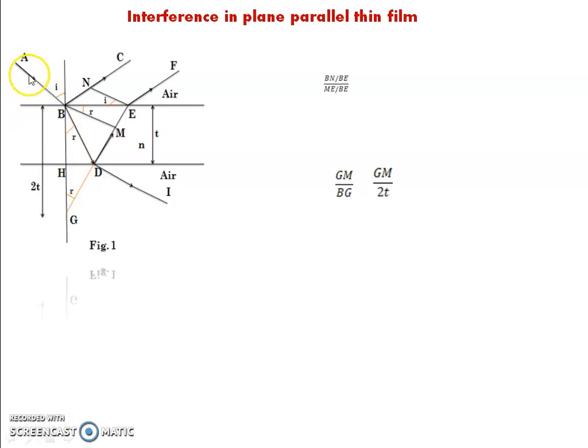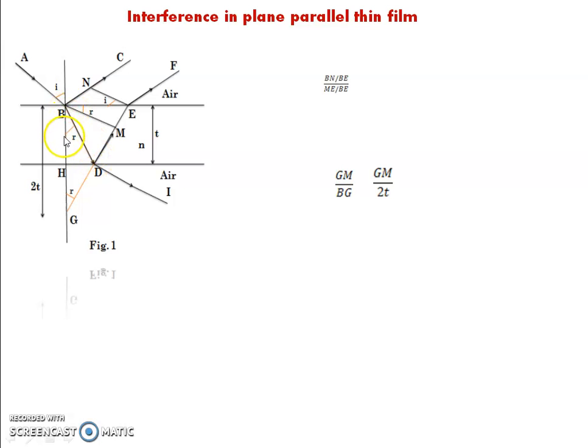Let a ray of monochromatic light AB be incident on the upper surface at an angle I at point B. The light undergoes partial reflection in the direction BC, and along BD partial refraction takes place.